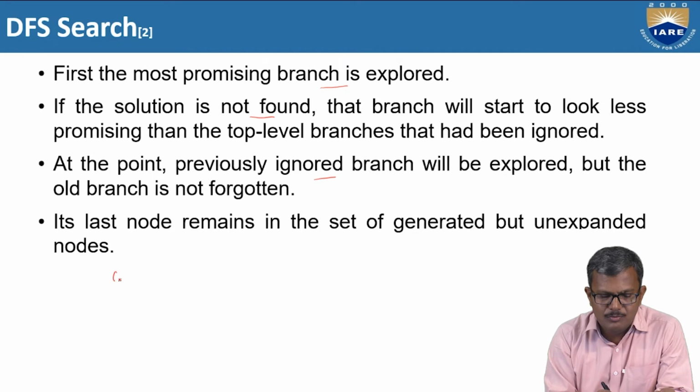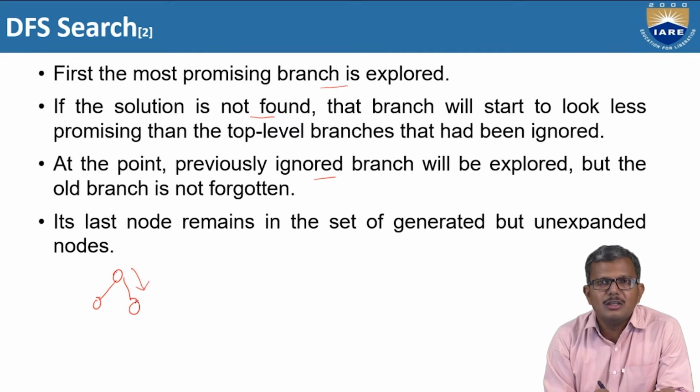For example, this is a tree. We have selected this particular path to search for the goal state. But unfortunately, we found that this is not the most promising node. So we simply go back to this top level and take this particular path.